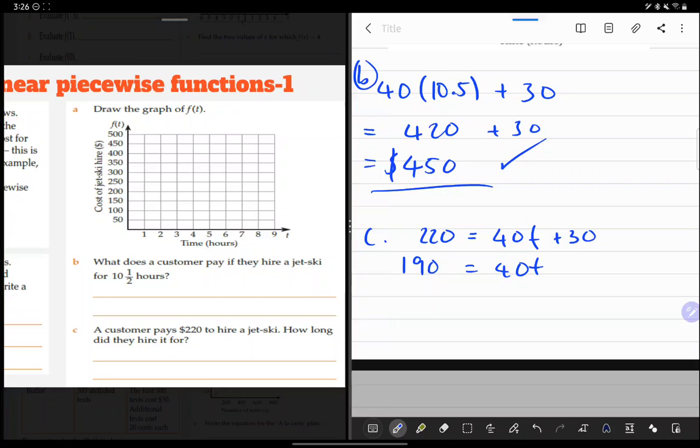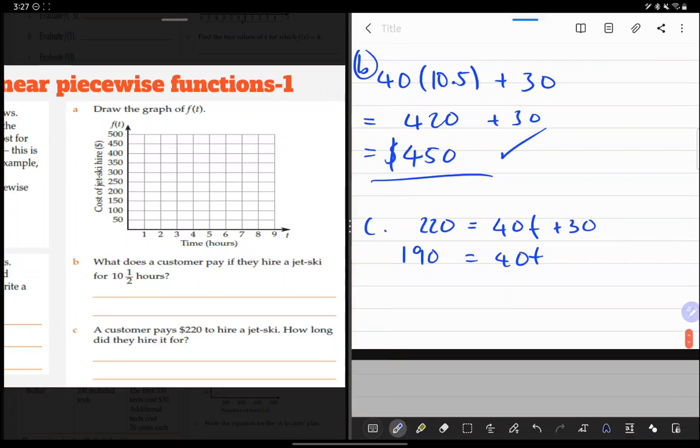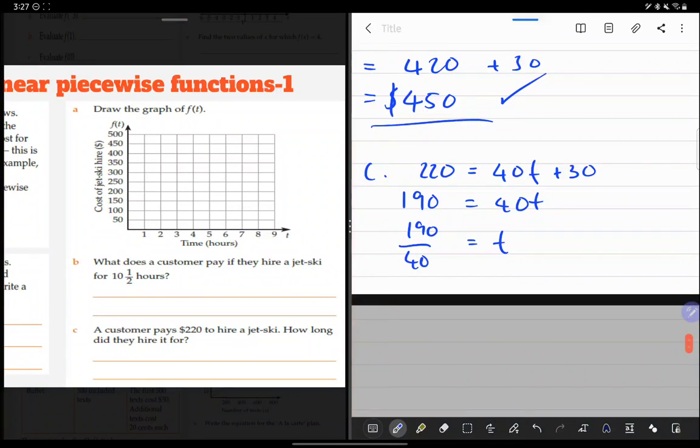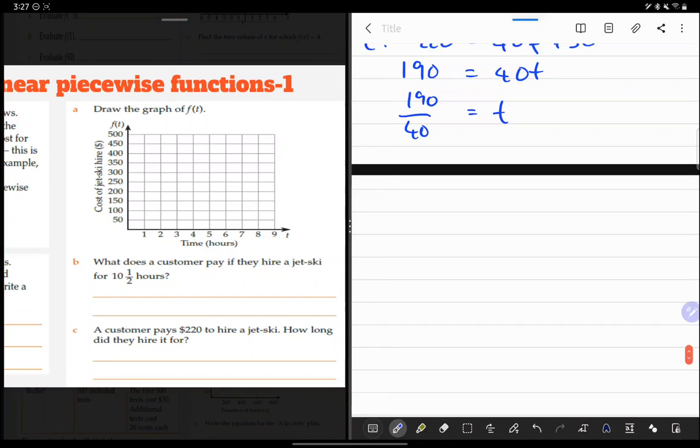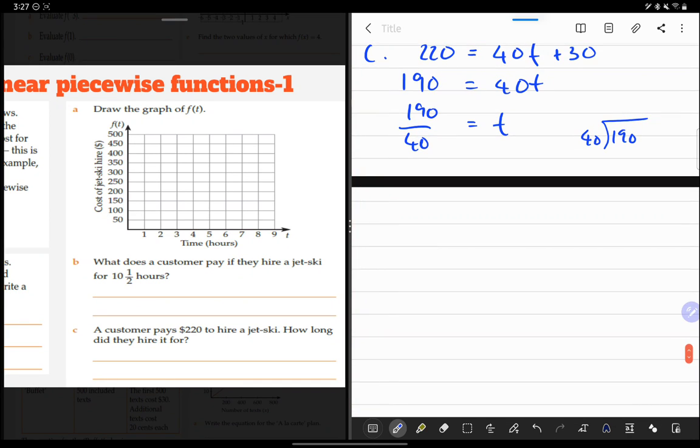And then I divide by 40, which is 190 over 40. What is that anyway? Let's do it on the side here. 190 divided by 40. Is it 4, 5?